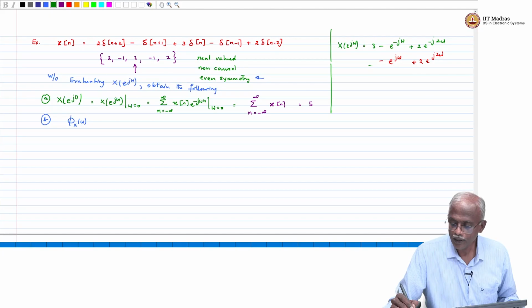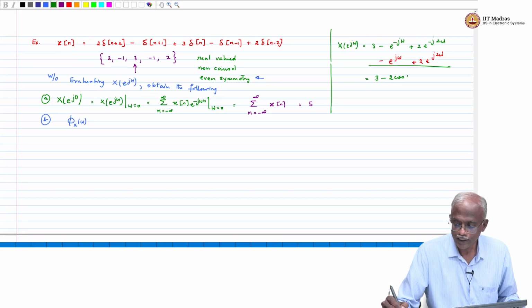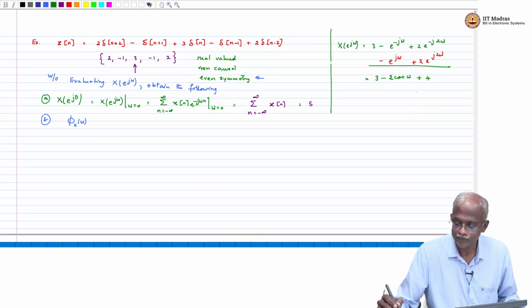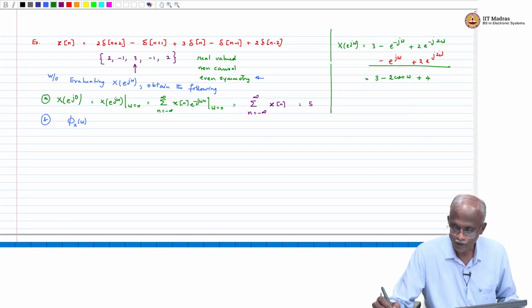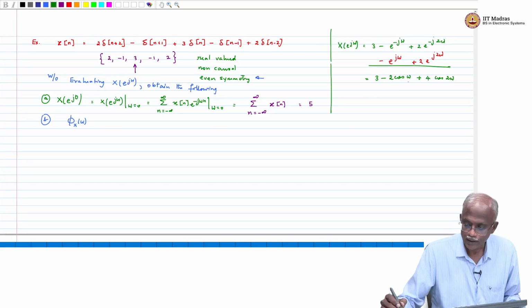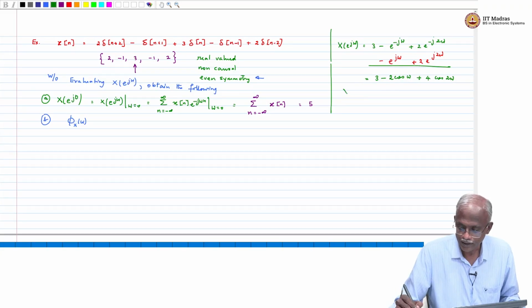When you add these together, you get 3 minus 2 times cosine omega plus 4 times cosine 2 omega, because e power j 2 omega plus e power minus j 2 omega is 2 times cosine 2 omega. Notice that this expression is real. So, X e of j omega is real valued.